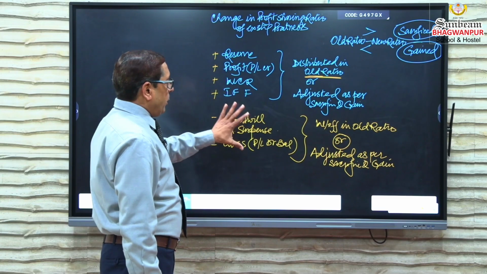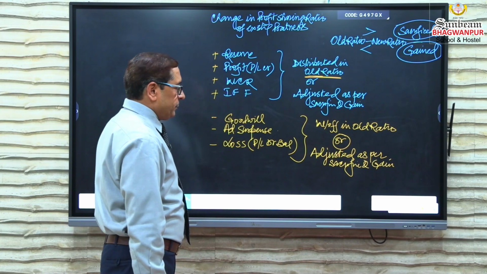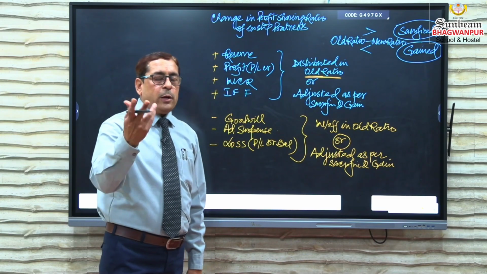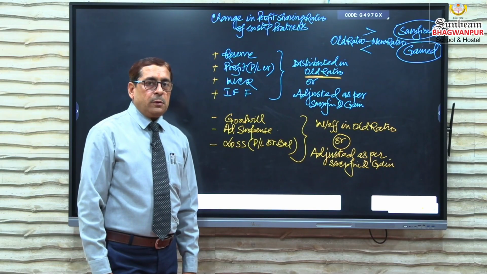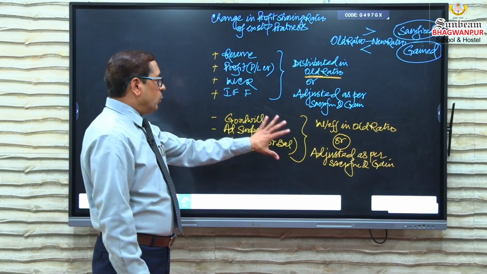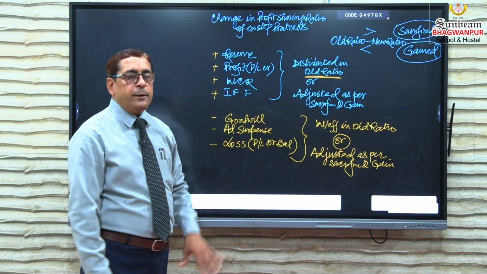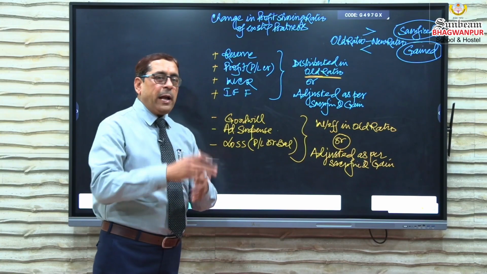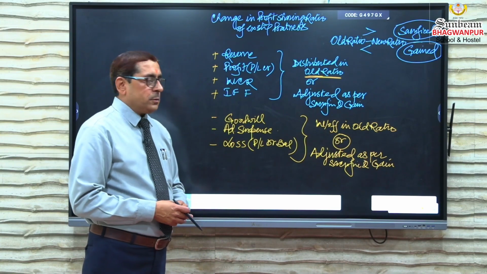Now, if you are going to write the journal entry, say A and B, there are two partners, and they want to write off these items, they do not want to carry them forward in the business.